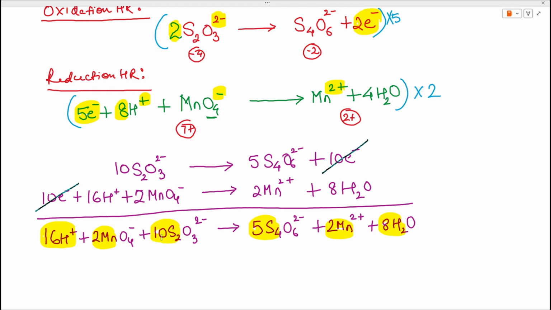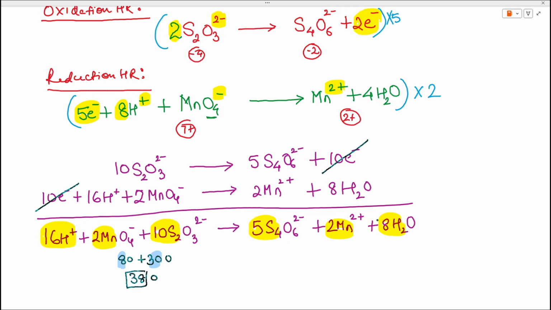So oxygens on the left are 4 times 2, so we have 8 oxygens plus 10 times 3, 30 oxygens. When we add them together, we get a total of 38 oxygens.